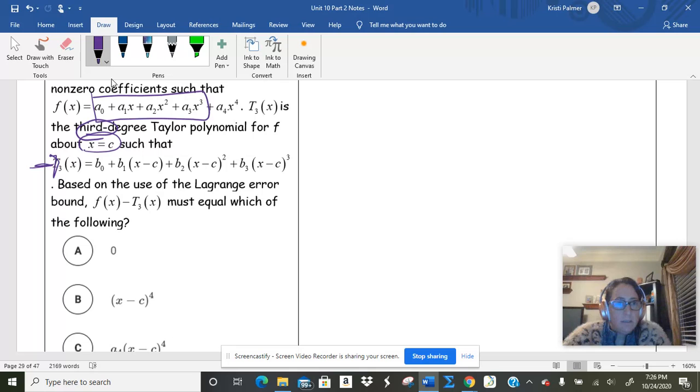So if I look at this, it says based on the Lagrange error bound must be equal to which of the following? Okay, so let's see how we did. So I know I want to look at f of x minus T sub 3 of x. That has to be less than or equal to the next term. And here this is not alternating.